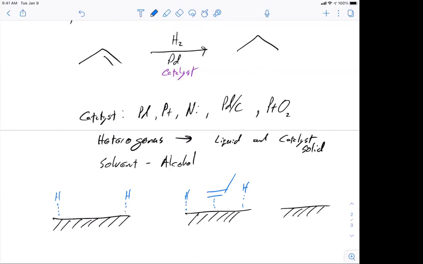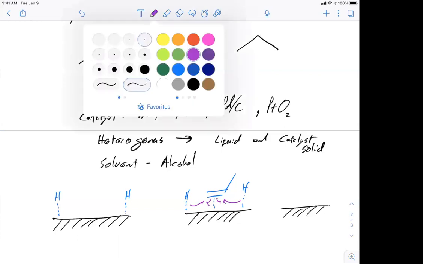Platinum, palladium, and nickel, mostly platinum and palladium, are known for absorbing hydrogen. Nickel can as well. It's slightly less reactive. So you get this surface where you're getting both of these, and then we get the addition.